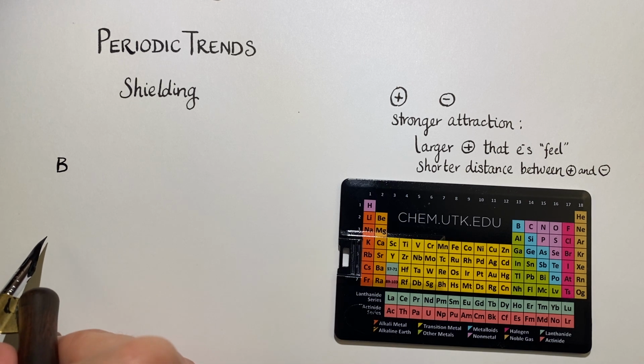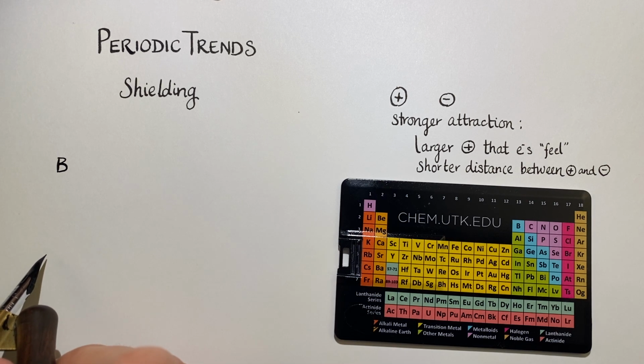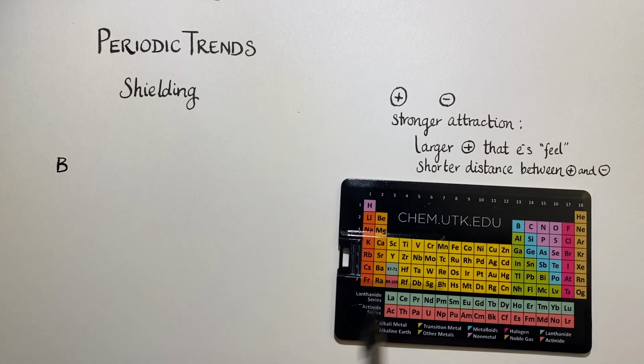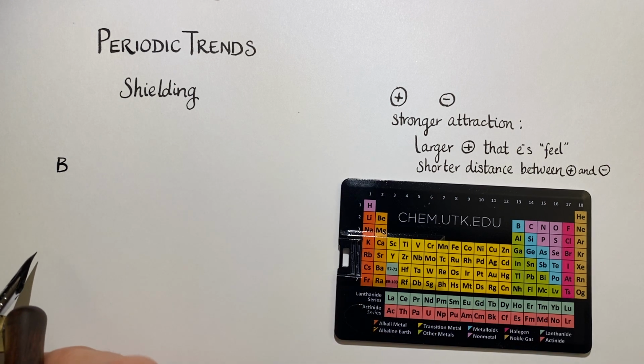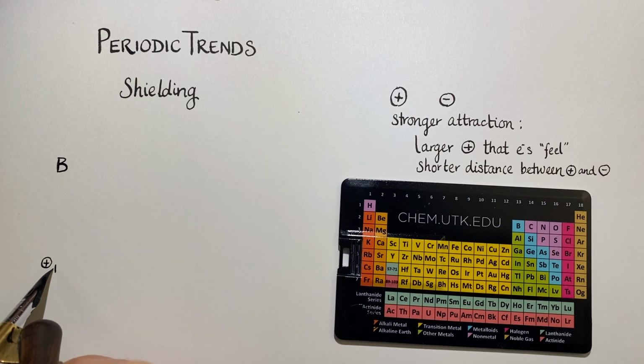So what we want to look at is essentially a sketch, a kind of cartoon sketch of the number of protons we have in the nucleus. Boron is element 5. Its atomic number is 5, so there will be 5 protons here in the nucleus.